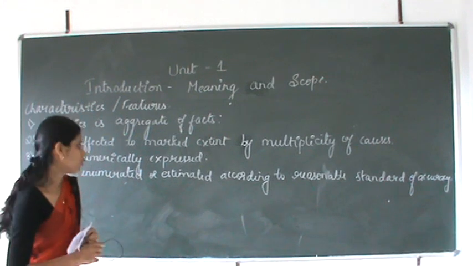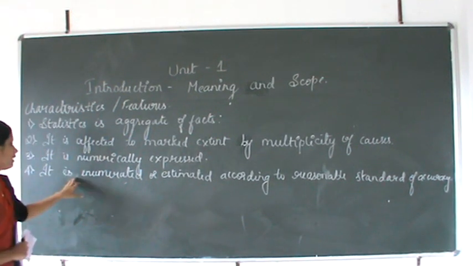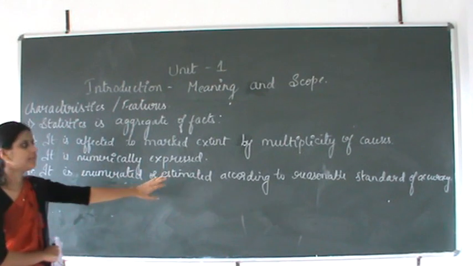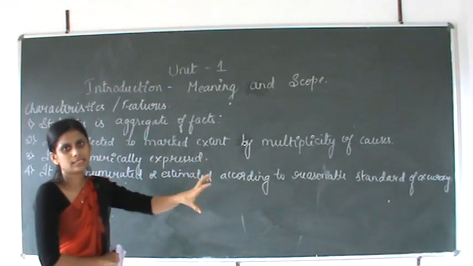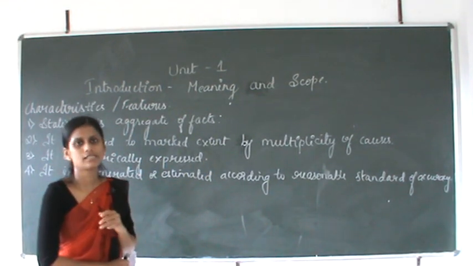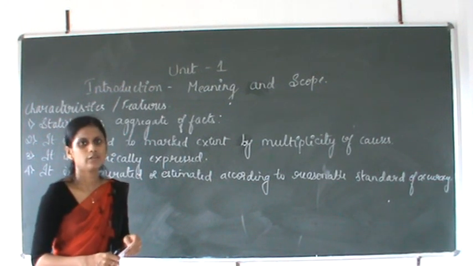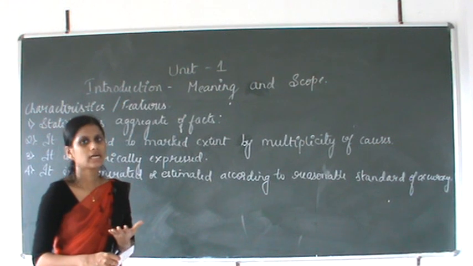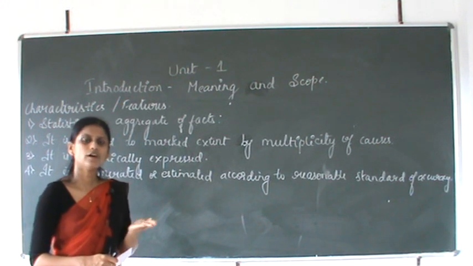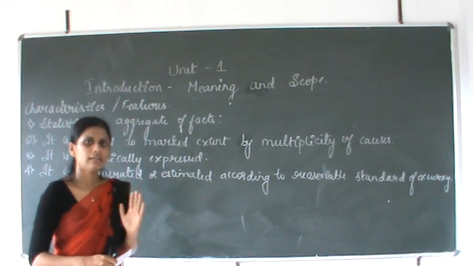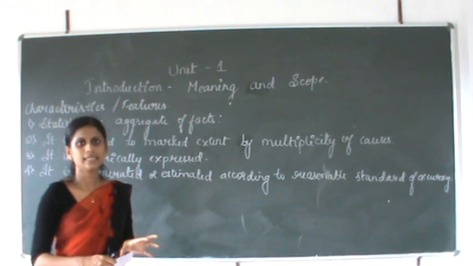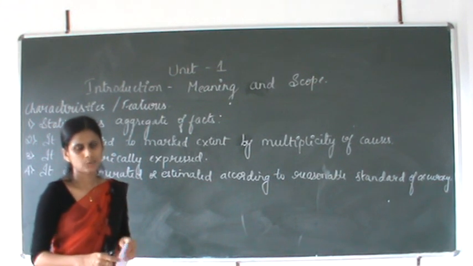But when you estimate or enumerate, there should be a reasonable standard of accuracy. You have to maintain the accuracy of data, or else your inquiry will fail. You cannot come out with a good conclusion. If the data is wrong, your result will also go wrong. So whenever you collect statistical data, it should be accurate.